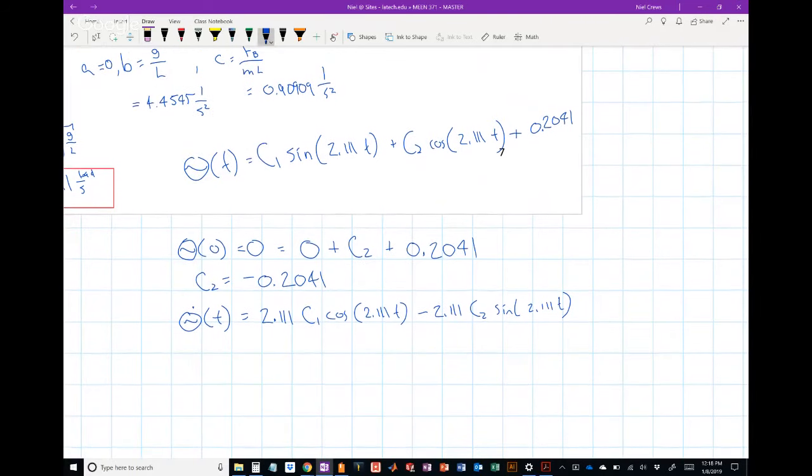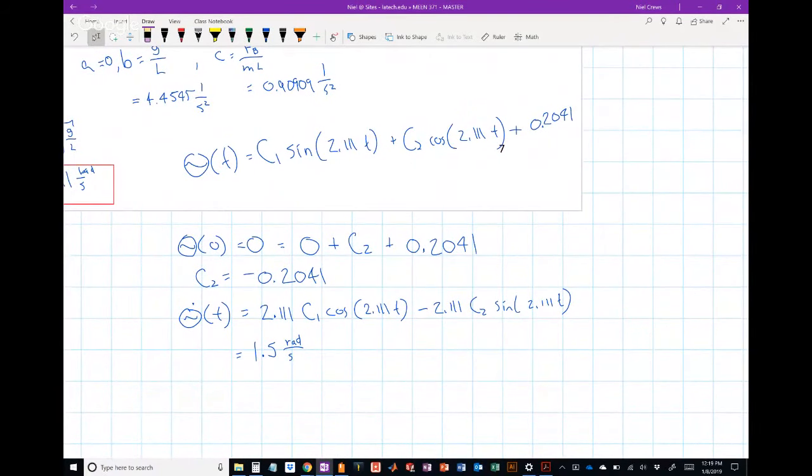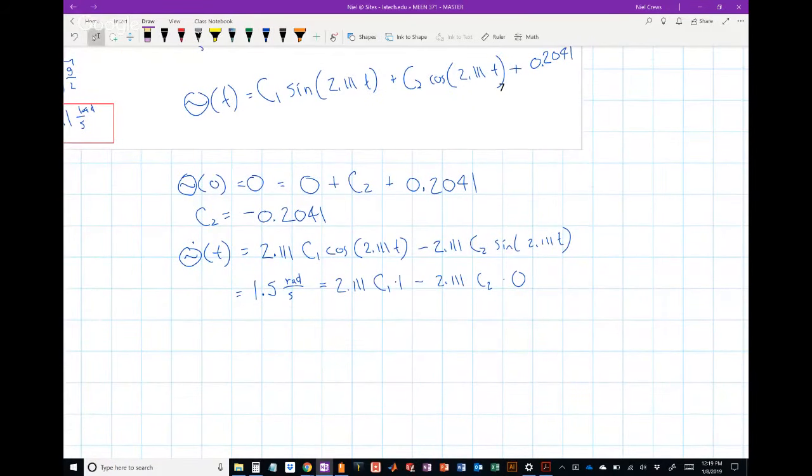Okay, we know that this is 1.5 radians per second, which was given here in the problem statement. And so at t equals 0, 2.111 times C1 times 1 minus 2.111 C2 times 0. Okay, solving this, C1 is going to be 0.7106.